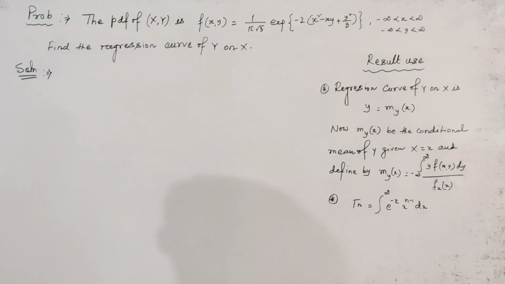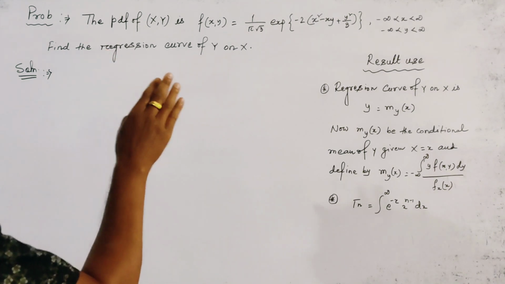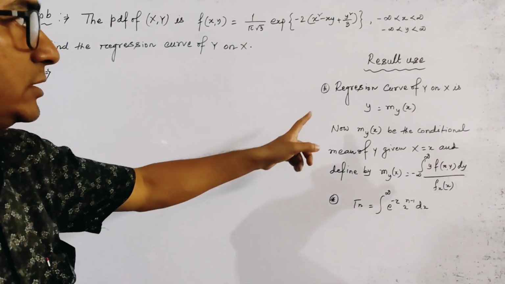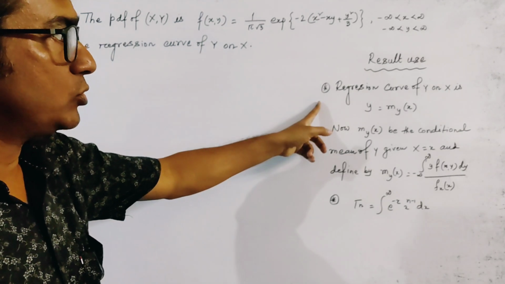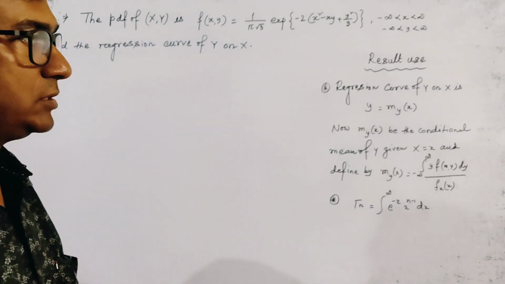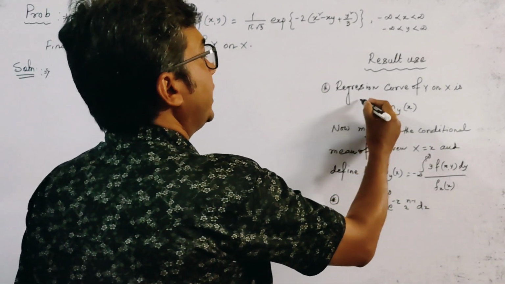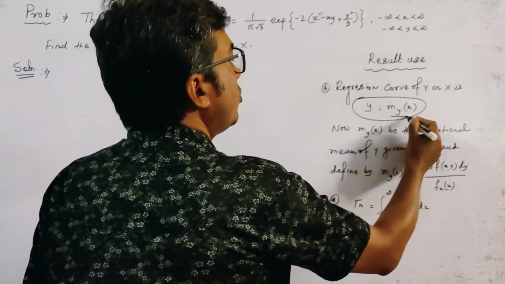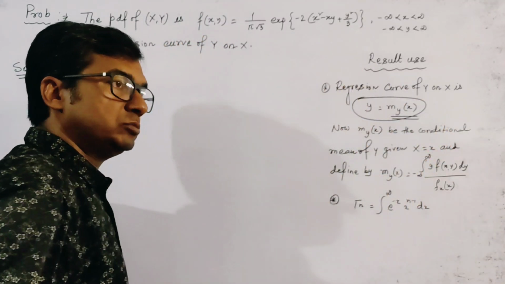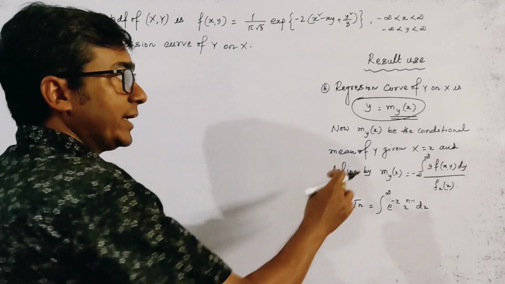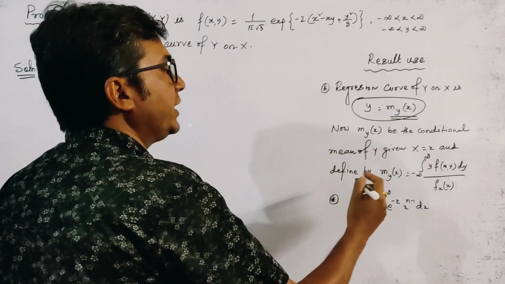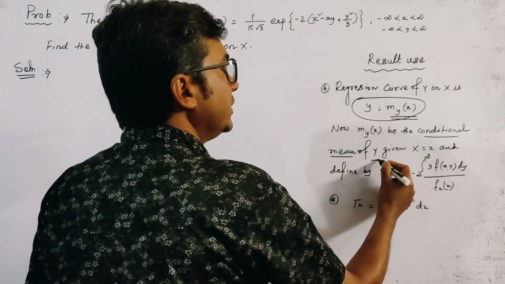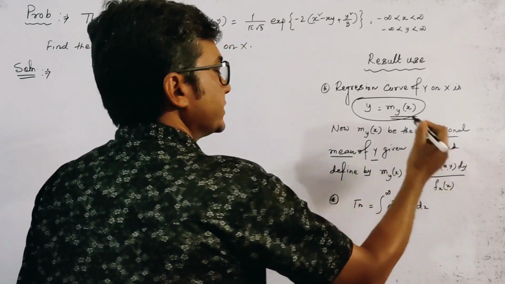Okay. Now we understand about the regression curve of y on x. We already write here the equation of the regression curve of y on x, which is given by y equal to mu_y|x. Here mu_y|x is also unknown to me, and it is given by the conditional mean of y given X equal to x.